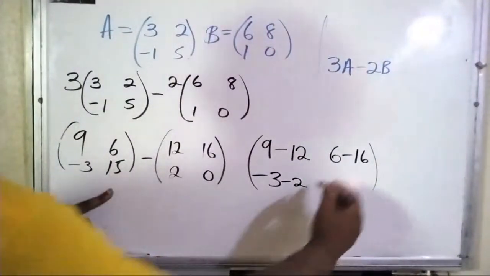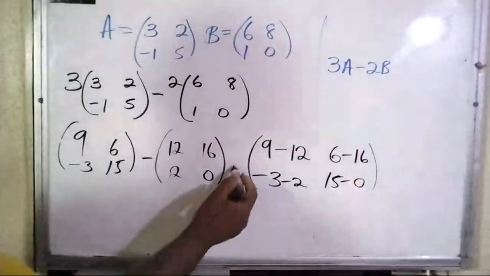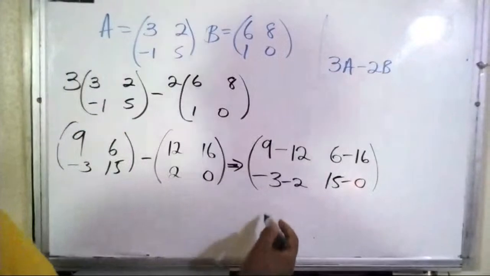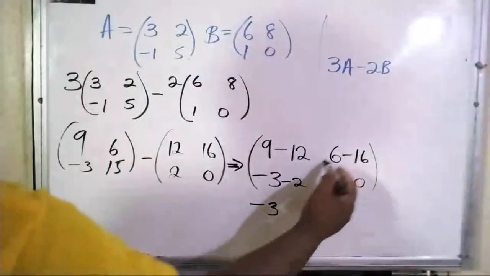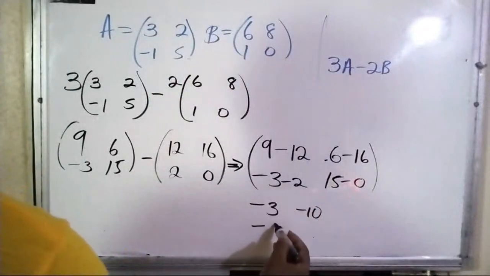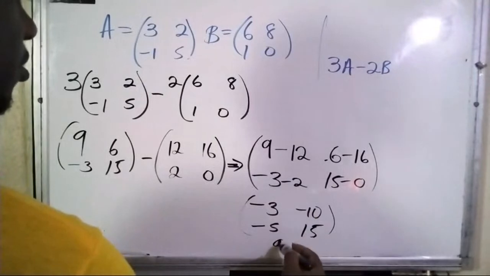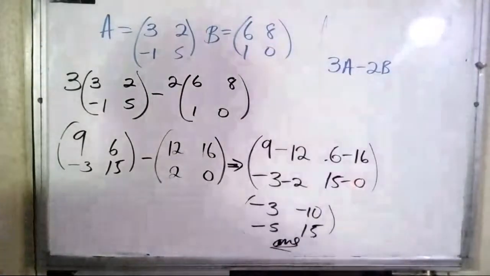And then we have 15 minus 0. You must catch that now. And then we have 9 minus 12, which is negative 3. 6 minus 16, negative 10. This now, both of them negative, so we can add. And then we have 15. And that will be our answer.